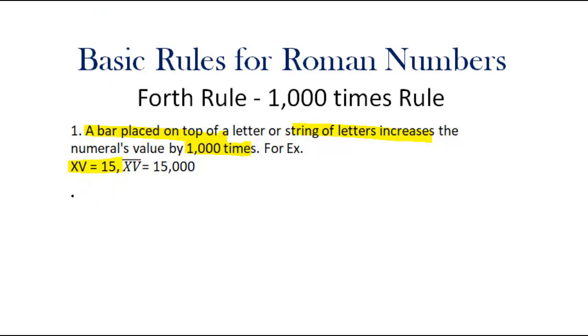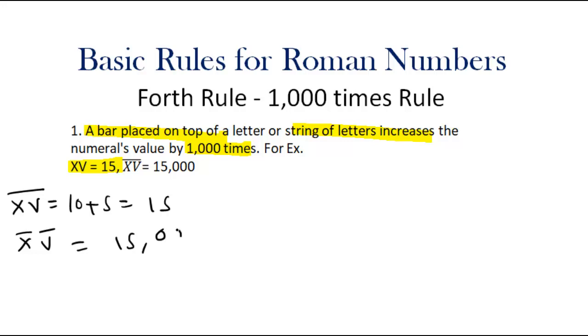X means 10, V means 5, gives 15. But if you place the bar over XV like this, then its value is 15,000. So using these 4 rules, we can write the different letters in the Roman numerals.